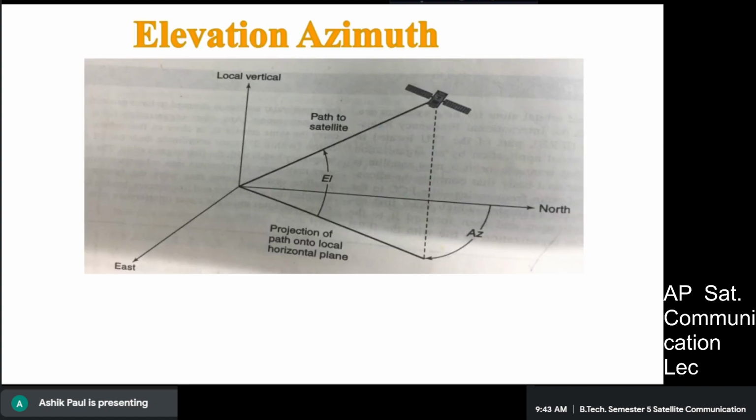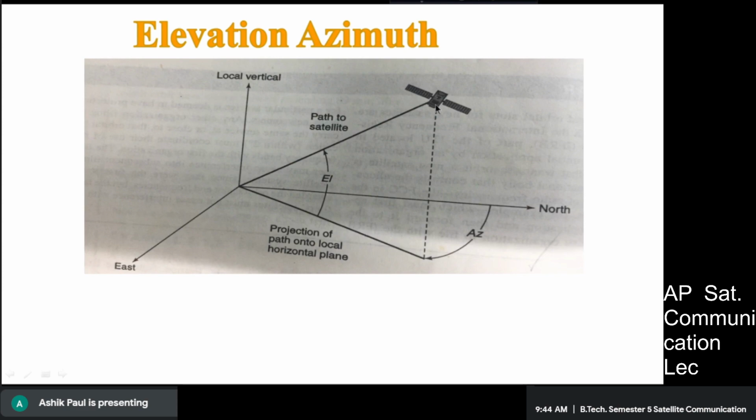If you take a look at this figure, suppose this is the center of your coordinate system, the origin. This is the local vertical, and this could also be the location of your antenna, at the center. Your receiving antenna is located at the center. That's the local vertical. This is the east direction from your location, and this is the north direction.